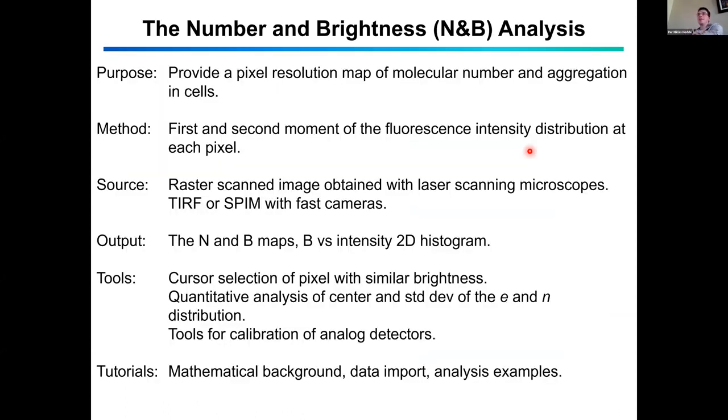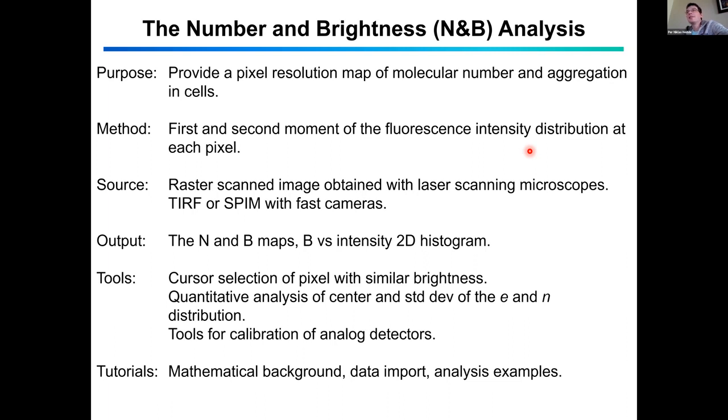So what is number and brightness? What is it trying to do? The idea is to provide a pixel-resolution map of the molecular number and the aggregation or oligomerization state of molecules in cells. The method looks at the first and second moments of the fluorescence intensity distribution in each pixel.